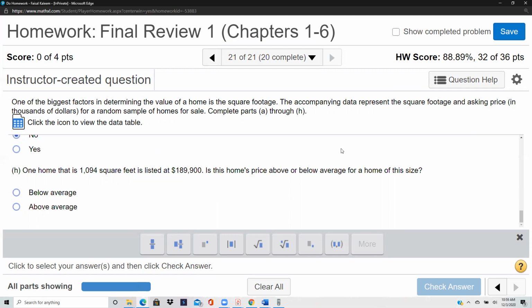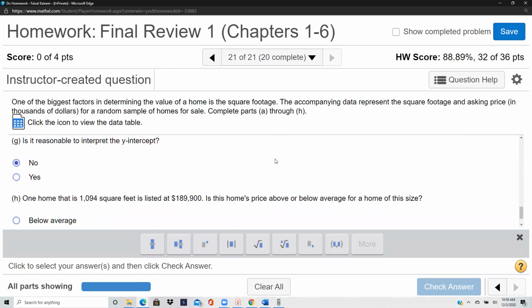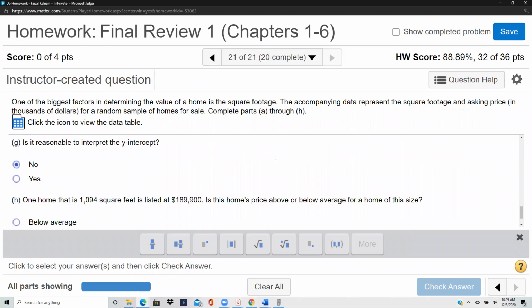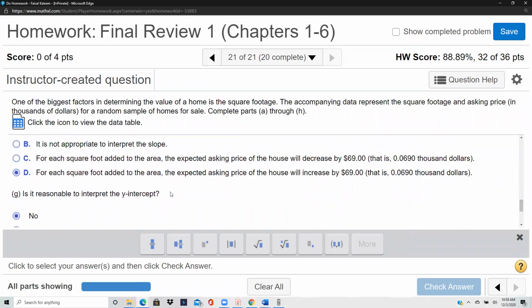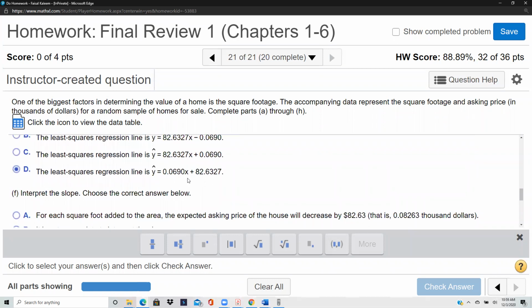Yes, put 1094 in the model for the x and calculate the average price, because the model gives us the average price.